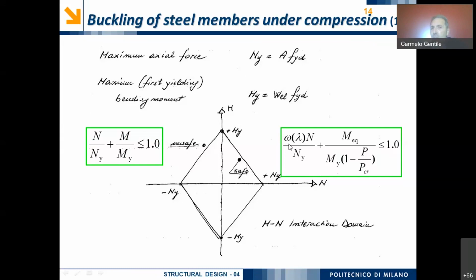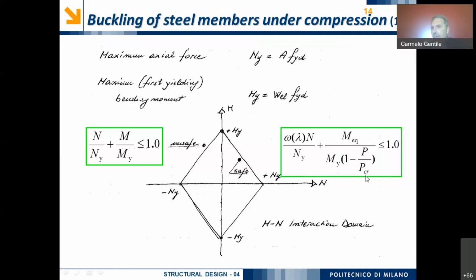In this case, it's better to amplify N by omega, and omega, we have said, is equal to 1 over chi. Remember, chi is the stability curve, so it is the ratio between the critical sigma and the f epsilon.